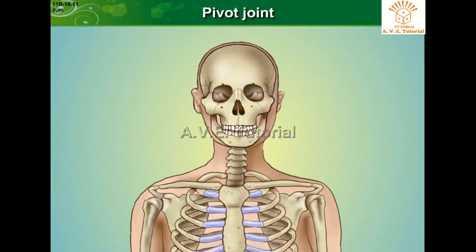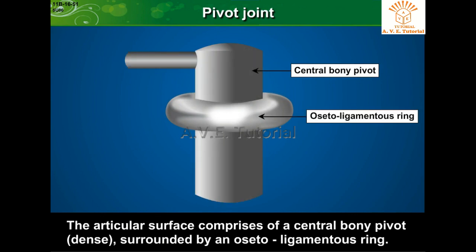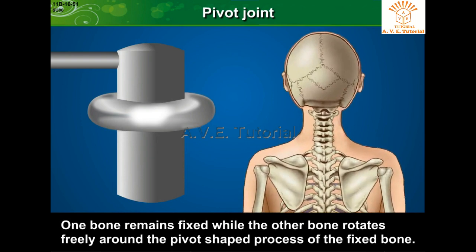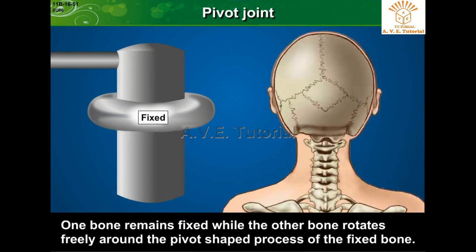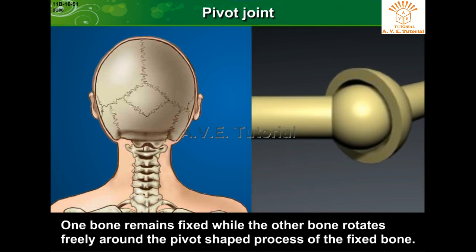6. Pivot joint. Articular surfaces comprise a central bony pivot, which is dense, surrounded by an osteoligamentous ring. One bone remains fixed, while the other bone rotates freely around the pivot-shaped process of the fixed bone.